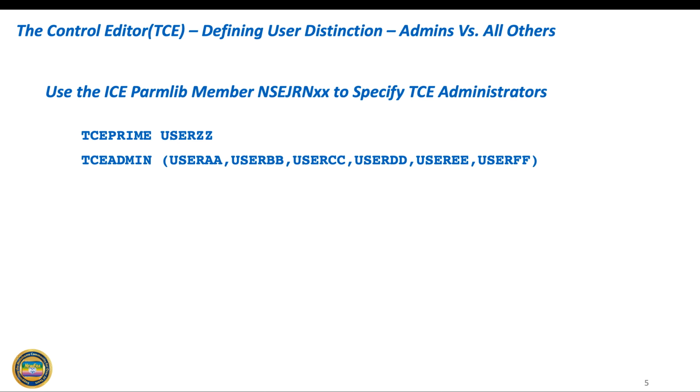Users are not allowed to reach those boundaries or those settings, and how it is that these administrators are defined is shown here in this panel. These definitions are made inside of the NSE-JRN member and specify a prime administrator, in this case user ZZZ, and sub-administrators definable up to 6 additional TSO user IDs.